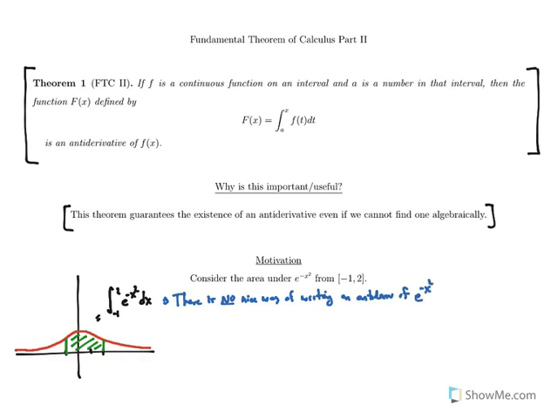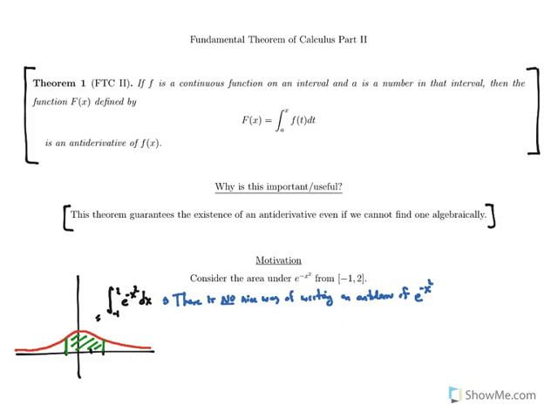There's no nice way with the tools that we have so far. There are some ways around it using series, and you're going to talk about that in Calc 2, but really there's no nice function you can write whose derivative is e to the negative x squared. But there's still an antiderivative of this function. It exists. There's just not a nice way of writing it down.